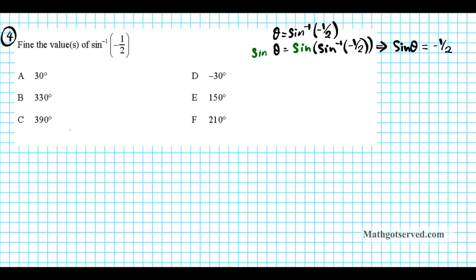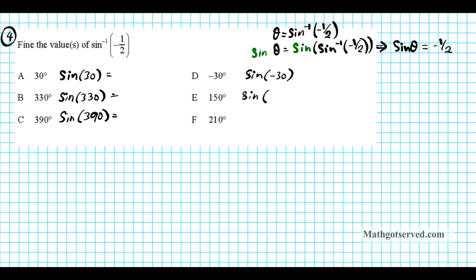I'm going to be looking for sine of 30 degrees, sine of 330, sine of 390, sine of negative 30, sine of 150, and then sine of 210.